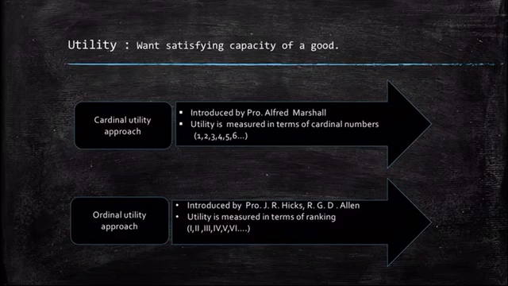This satisfying capacity or satisfying power of a commodity is referred to as utility. For example, if a person is feeling hungry, he takes food, which means the food has the capacity to fulfill the wants of the consumer.